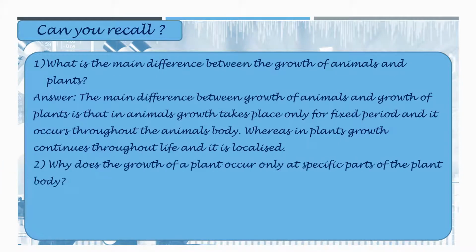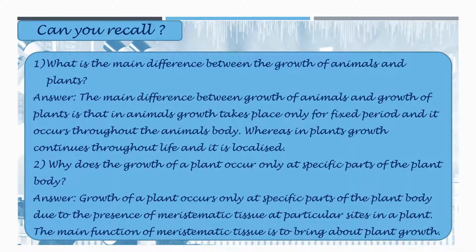Now, why does the growth of a plant occur only at specific parts of the plant body? Yes, growth of a plant occurs only at specific parts of the plant body due to the presence of meristematic tissue at particular sites in a plant.